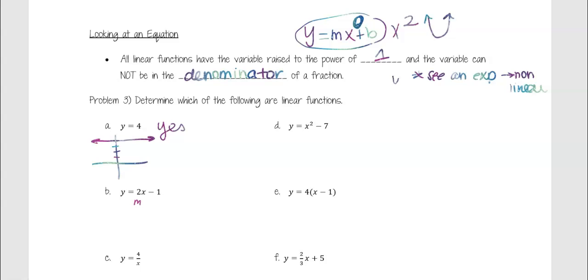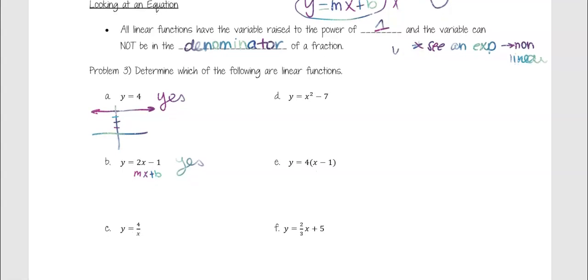Guys, that's mx plus b, right? The variable is not in the denominator, and there's no exponent. So yes, that's a linear function. Let's look at C. Right away, I've got a variable in the denominator. So no, it's not a linear function. That's a rational function. Looks like this, actually. There are 2 parts to it. Definitely not linear, I'll tell you that much.